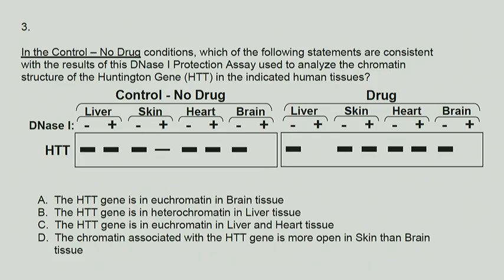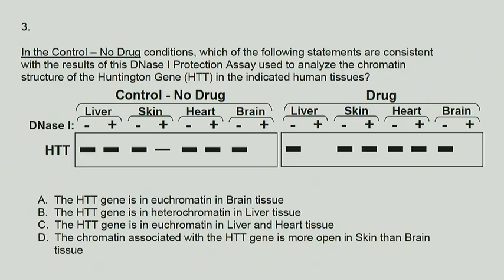So that was a particular type of control, and it was the minus DNase control. If the minus DNase control doesn't have a band, then your assay isn't working, right? But here, all of the minus DNase controls do have a band. So if you don't put DNase, nothing is getting digested. You see a band every time. You are able to detect the region of DNA. You just aren't able to detect it if the DNA is destroyed. So it's in euchromatin in brain tissue.